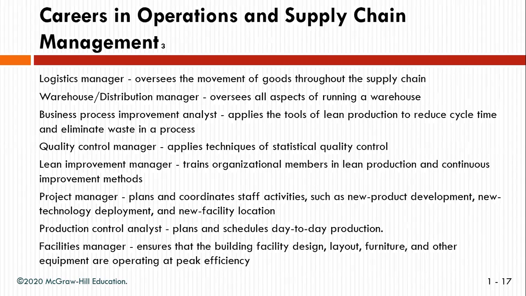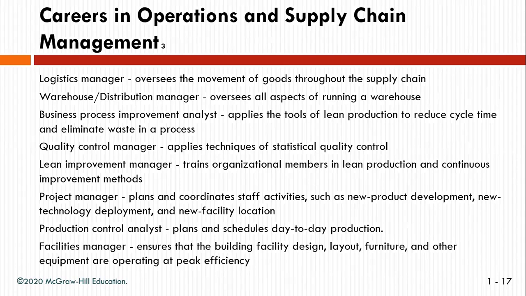OSCM. The others are the logistics manager, who oversees the movement of goods through the supply chain; the warehousing and distribution manager, who oversees all aspects of running a warehouse; and the business process improvement analyst, who applies lean tools to reduce the cycle time and eliminate waste in a process.